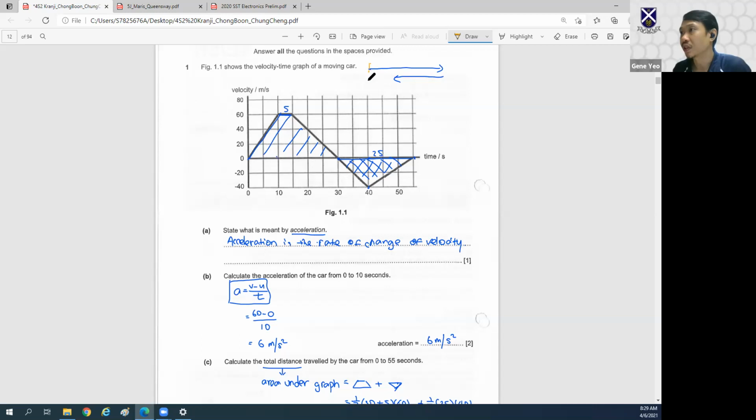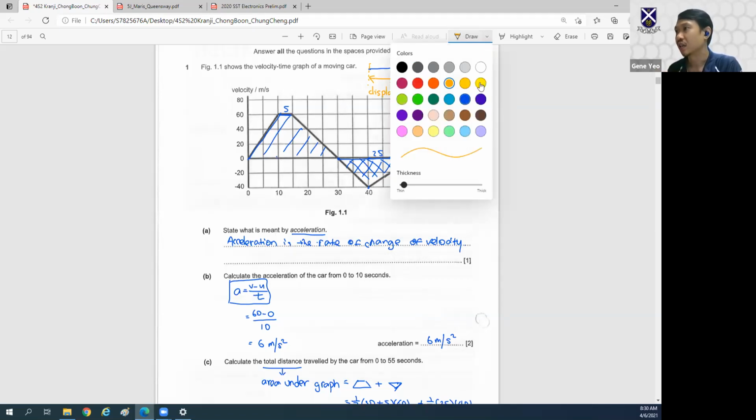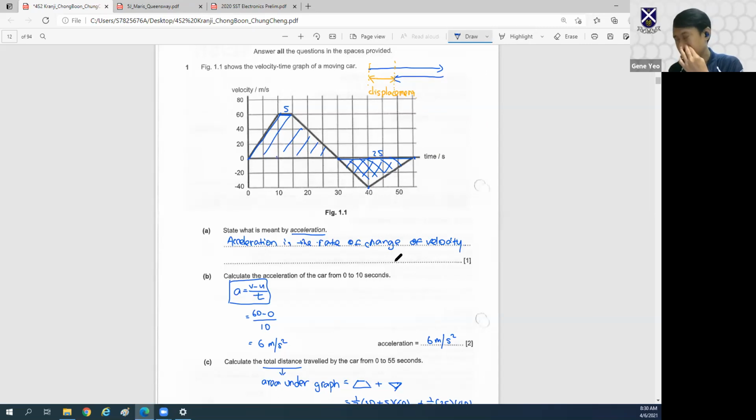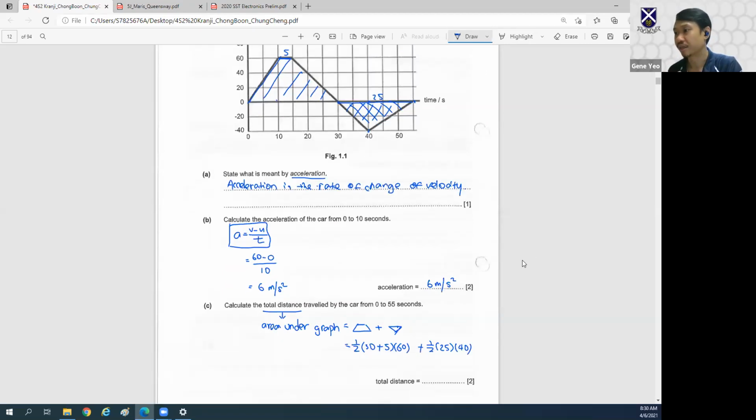Displacement would be this. Okay, so this would be your displacement. I hope I haven't confused you. If you don't really understand this whole displacement thing from this graph, it is okay. Just know that we are calculating distance here.